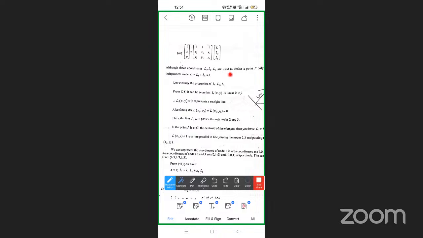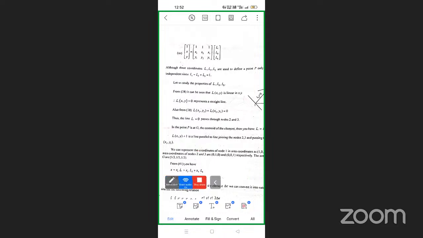All the local coordinates L1, L2, L3 are used to define point P only. The sum of all independent local coordinates, L1 plus L2 plus L3, is equal to 1. We study the properties of L1, L2, L3 from equation 38. From equation 38, it can be seen that L of x comma y is linear in x comma y.